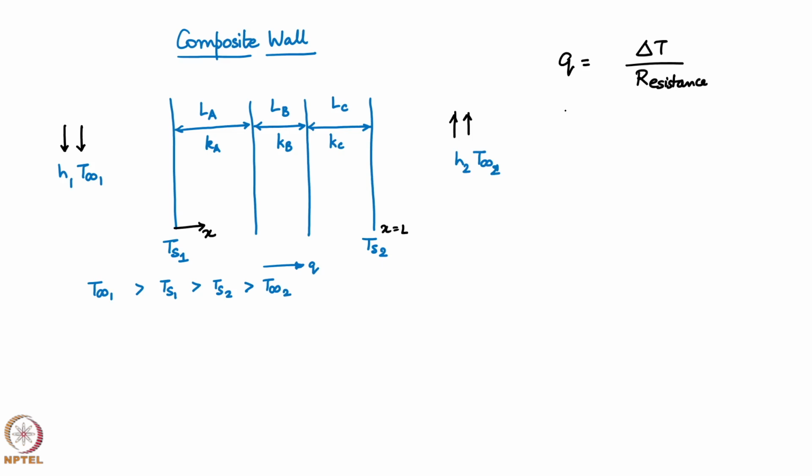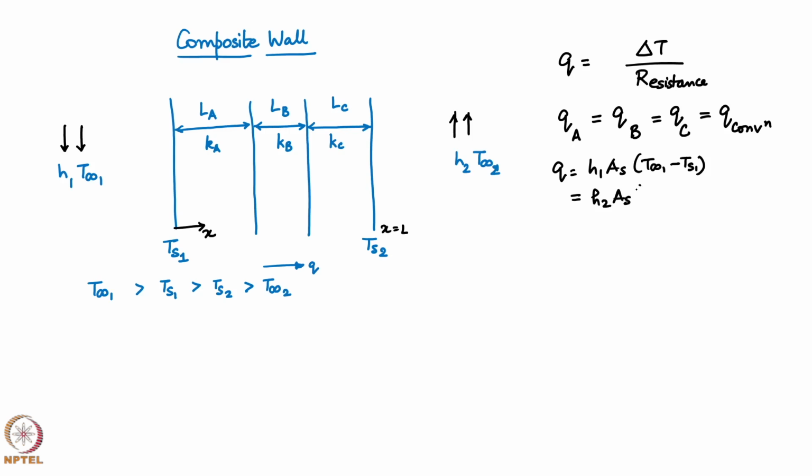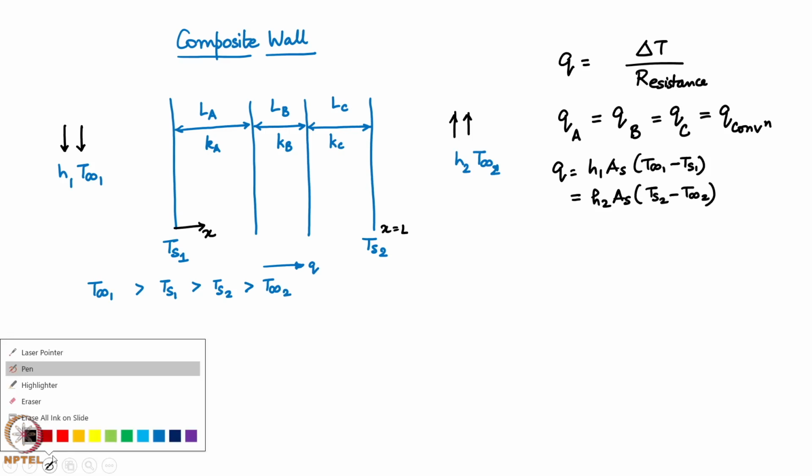Remember one thing: at steady state, Q through material A is the same as Q through material B, the same as Q through material C, the same as Q convection. So, Q is equal to h1 A S into T infinity 1 minus T S 1, sorry I forgot the A S, which is the same as h2 A S into T S 2 minus T infinity 2. These are the two convection terms.